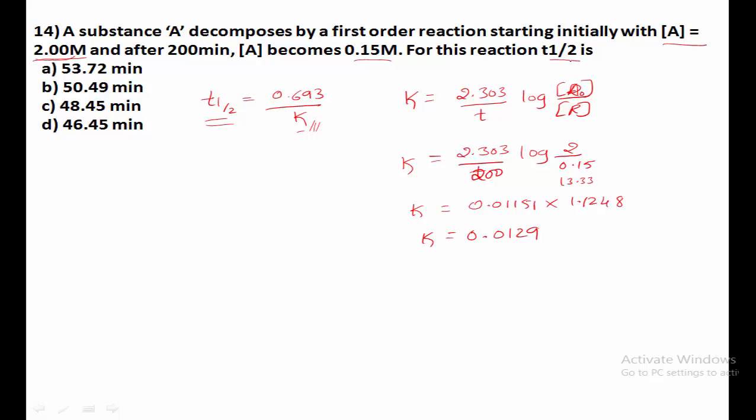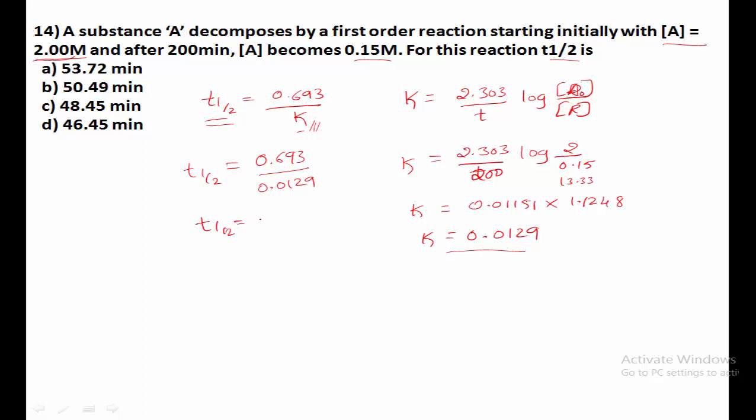Now what is the question? What is the half-life of this reaction? So use this formula now. Since you have calculated the value of k, substitute the value of k in this formula and you will get the answer. So 0.693 divided by k, which is 0.0129. So t half becomes equal to how much?